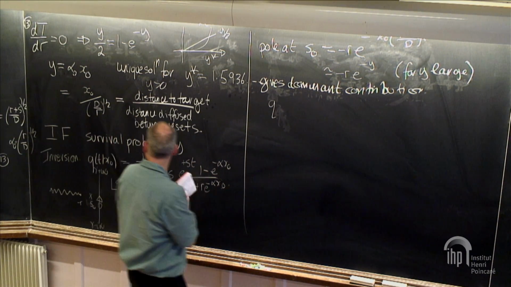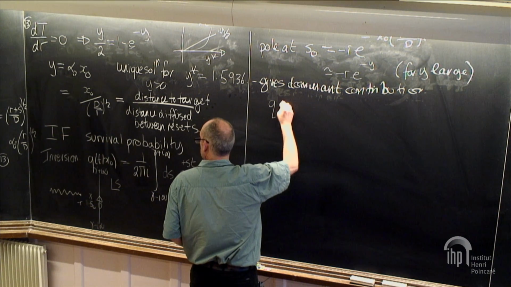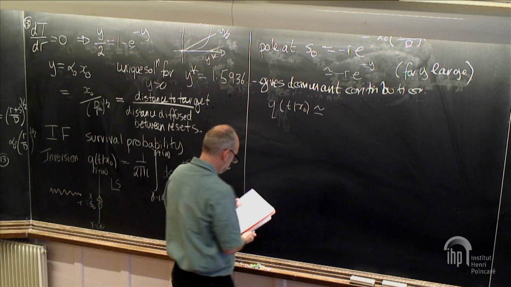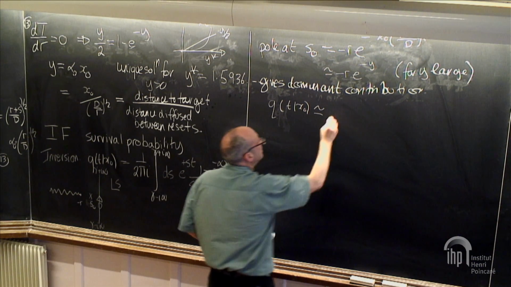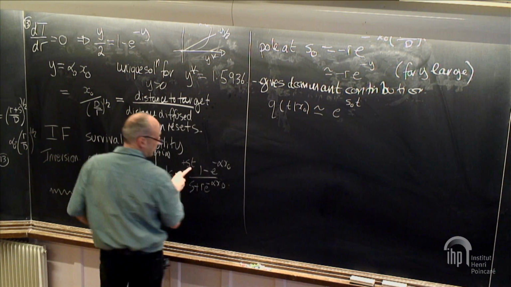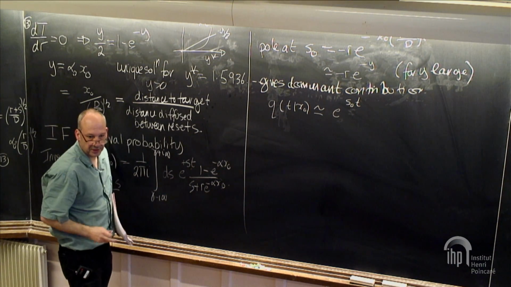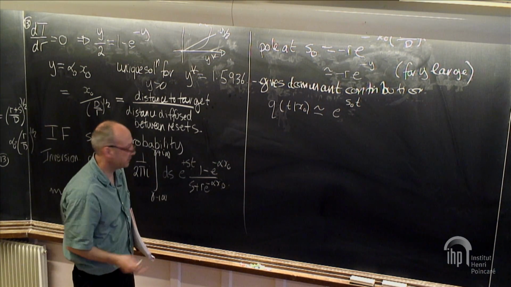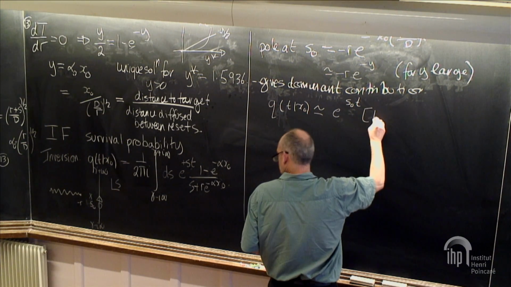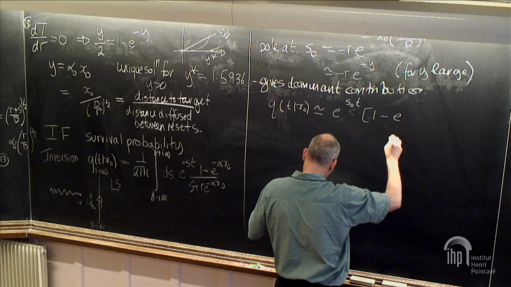So I will get Q, the dominant term, will be e to the s naught t from here. And remember, s naught is negative, so this is a decaying exponential. Then this stuff here, well, that's actually not going to do much, but let's just write it out.